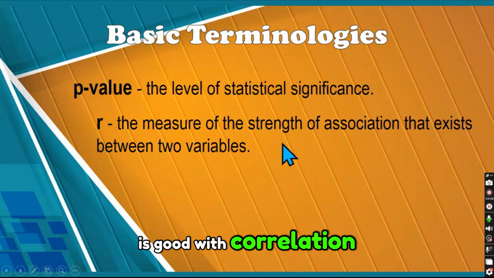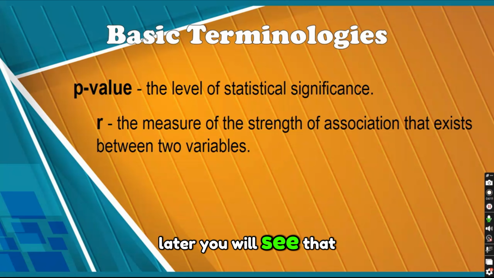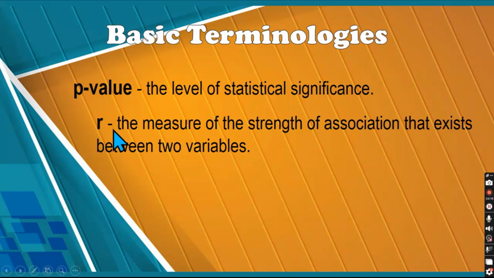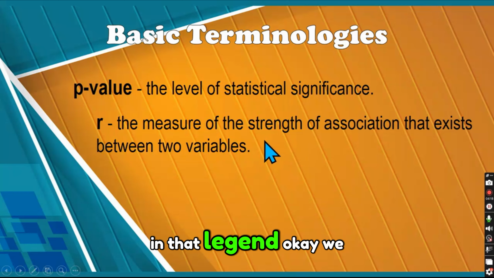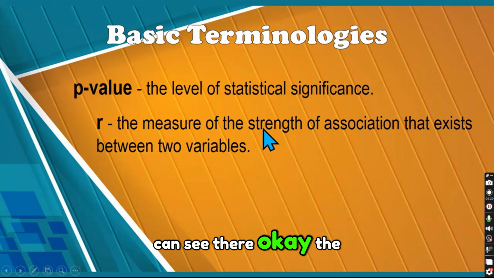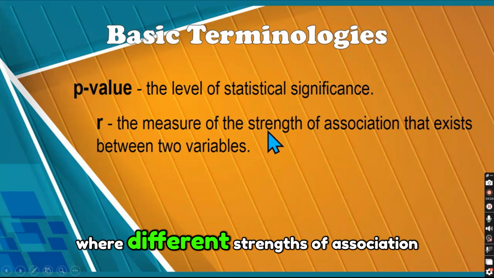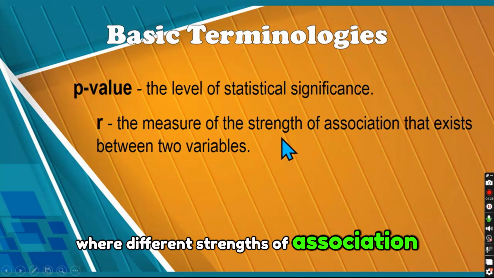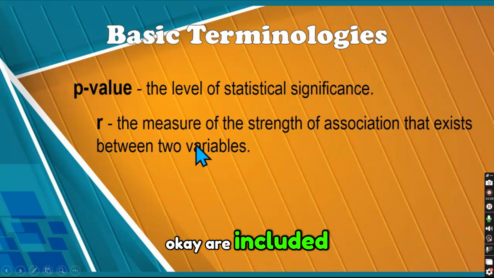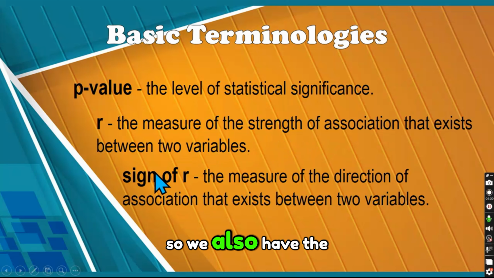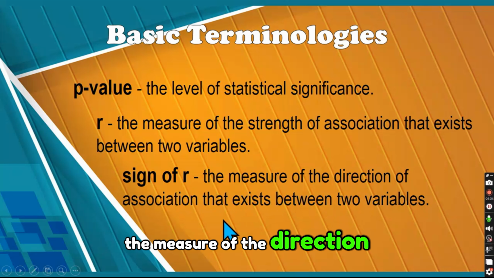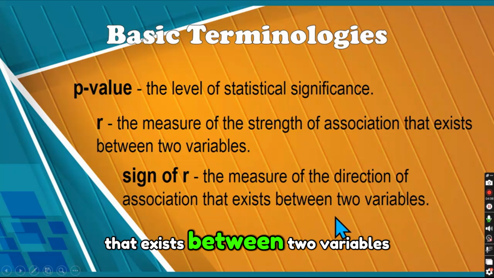So what is good with correlation? Later you will see that there's a legend that we can use, where we can see the intervals for the different strengths of association. We also have the sign of r, the measure of the direction of association that exists between two variables.